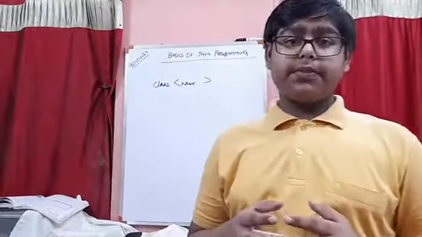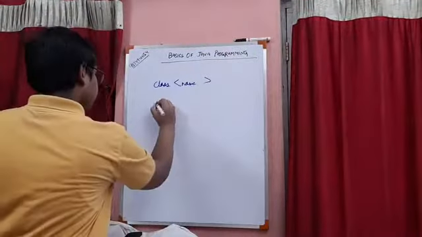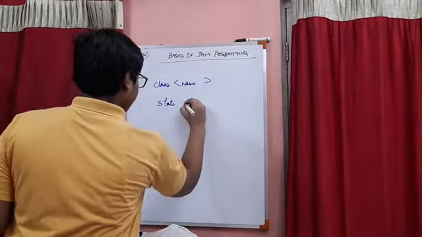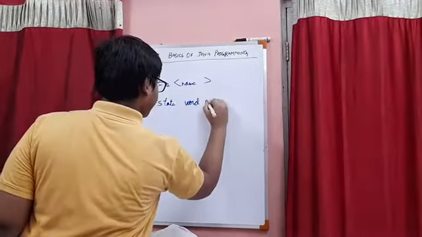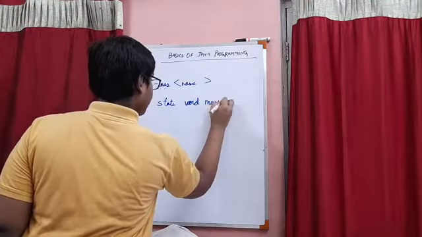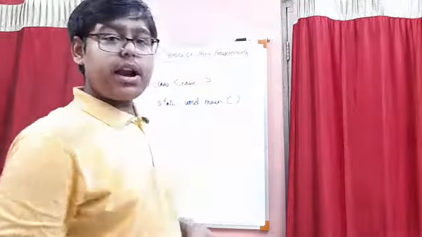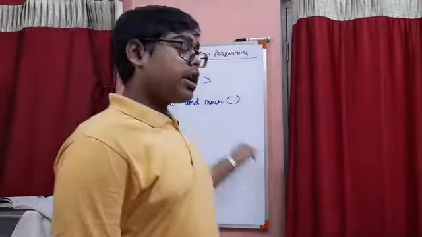In the access specifier part, there is a statement written which is static void main parenthesis. Now these two brackets together are known as parenthesis, and this is static void main.